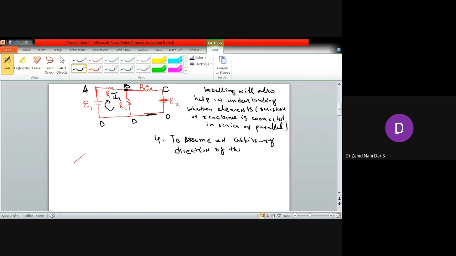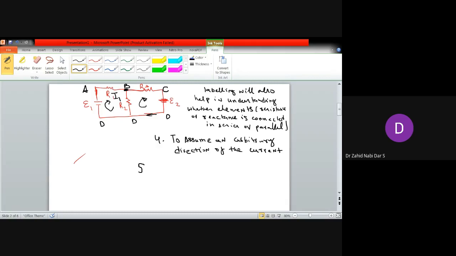So if you have assumed anti-clockwise here, then you assume here also anti-clockwise. It will be much better. If in the circuit it is mentioned this is clockwise, this is anti, then it's okay. But otherwise, in general, you take one direction, because this current I1 is getting divided into this and this. If you are taking this direction, it will be very confusing. And to assume an arbitrary direction of the current.